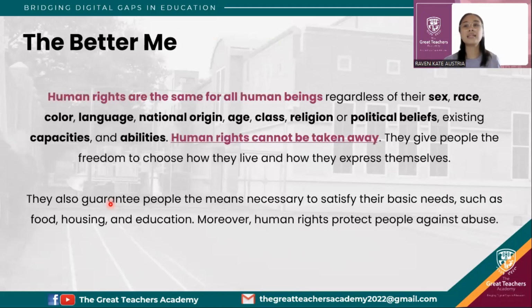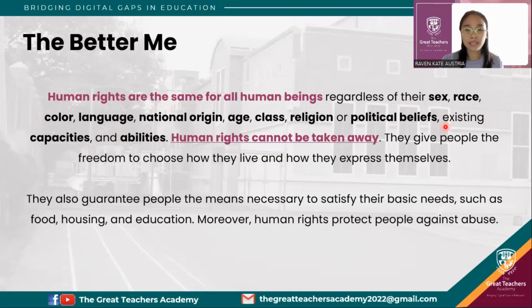Now, let's discuss human rights or children's rights. So it says here that human rights are the same for all human beings, regardless of their sex, race, color, language, national origin, age, class, religion, or political beliefs, existing capacities, and abilities.